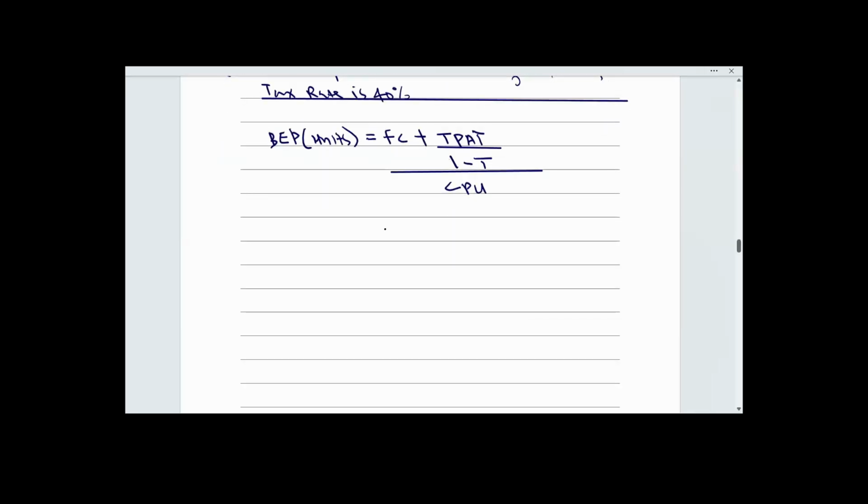Okay? So this will be equal to fixed cost is 972,000 plus targeted profit of 100,000, that's targeted profit after tax, divided by 1 minus tax rate. Tax rate is 40%. All right, then divided by contribution per unit is 5 naira.